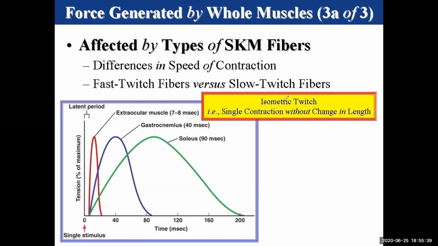So again, one more time, isometric. Iso means the same. Metric means length. So without change in length, that is isometric, right? So iso means the same. Same means without change.